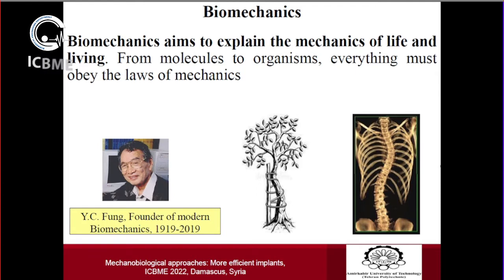Based on this definition, I think that we biomechanists should be able to explain the abnormal shape of the trunk in this tree, in the figure you see, as well as the causes. Go and show the right-hand side of the slide.